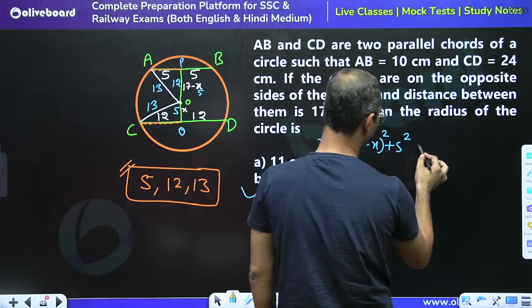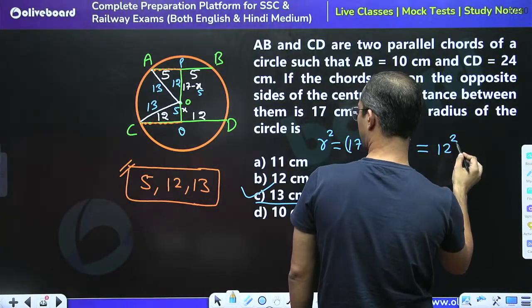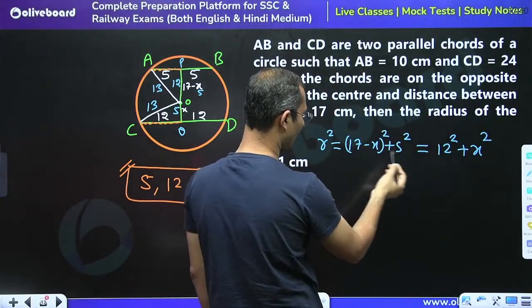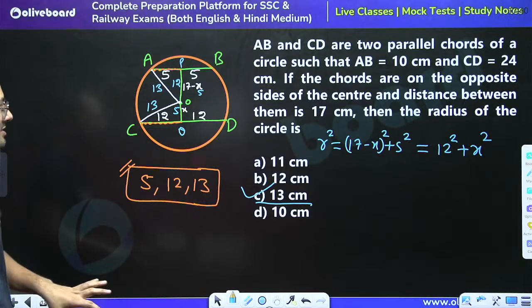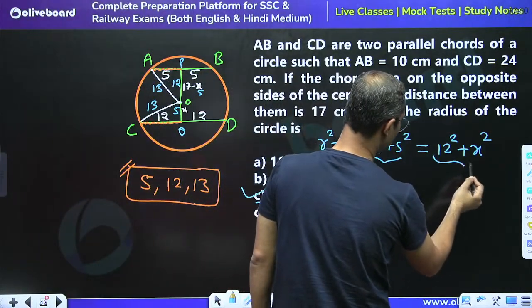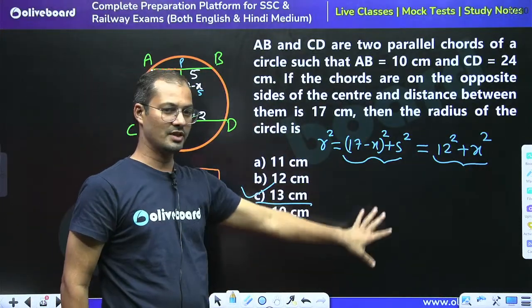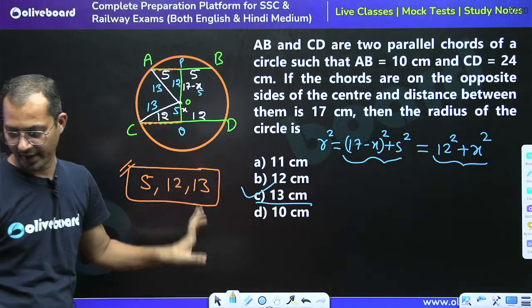And this is also equal to r square is equal to 12 square plus x square, right? So we can solve this to get the x value, and after getting x, take any equation and calculate the r. Either we have to solve this much, or we can solve it smartly with the help of the triplet, right?